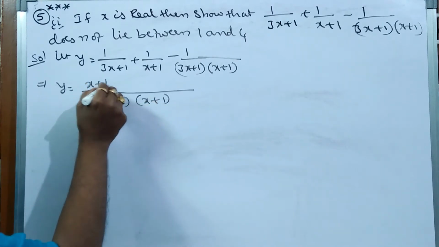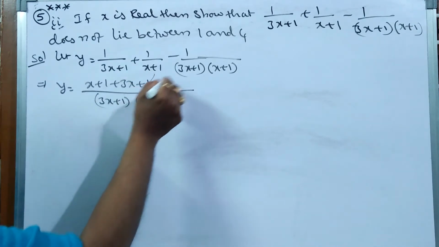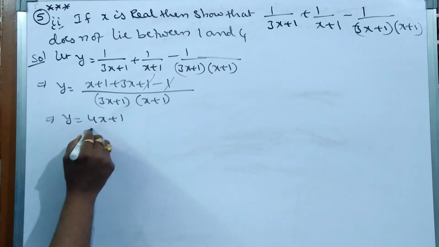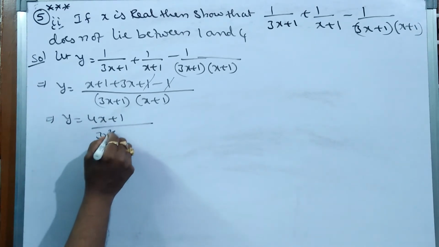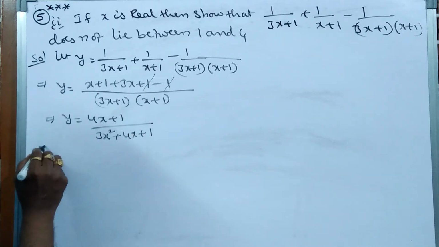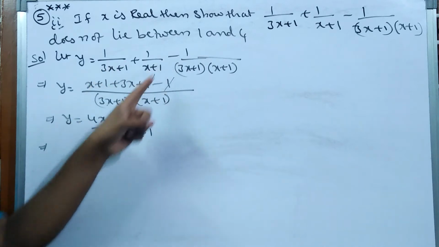Here you will get x plus 1 plus 3x plus 1 minus 1. This plus 1 minus 1 gets cancelled. This implies y is equal to 4x plus 1 by 3x square plus 3x plus x plus 1. I just took the LCM here, 3x plus 1 into x plus 1.